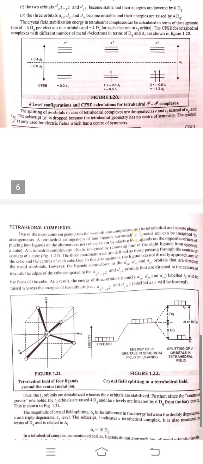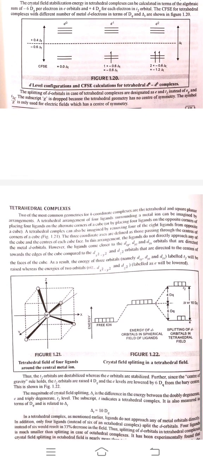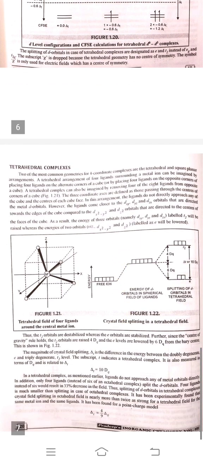The splitting of d orbitals in the case of tetrahedral complexes is designated as e and t2 instead of eg and t2g. The subscript g is dropped because the tetrahedral geometry has no center of symmetry. The symbol g is only used for a field which has a center of symmetry.